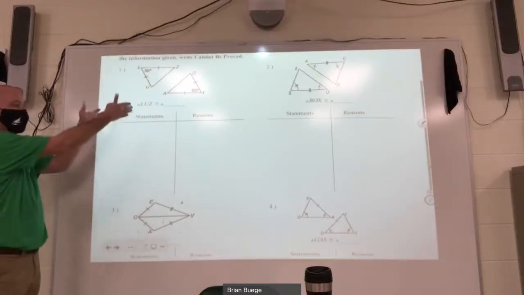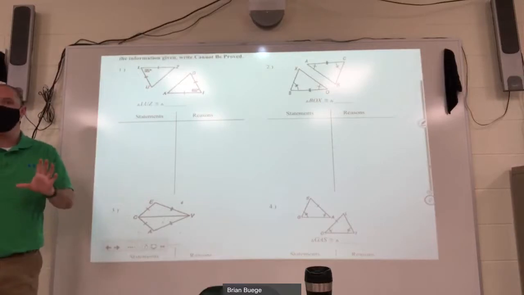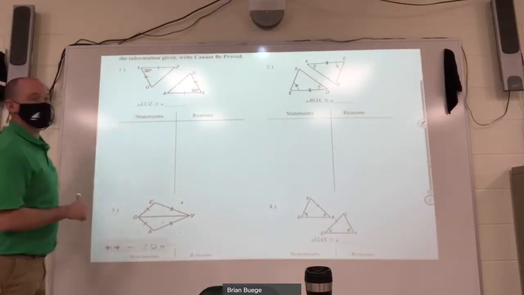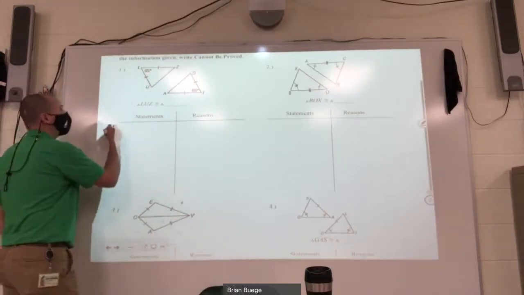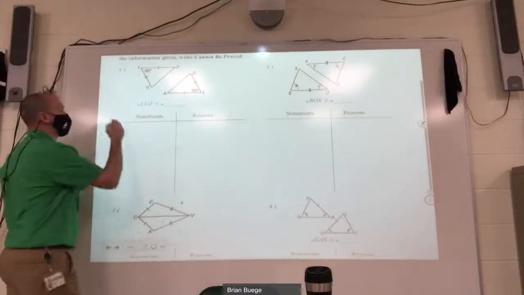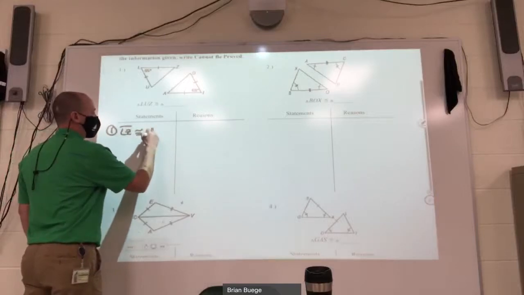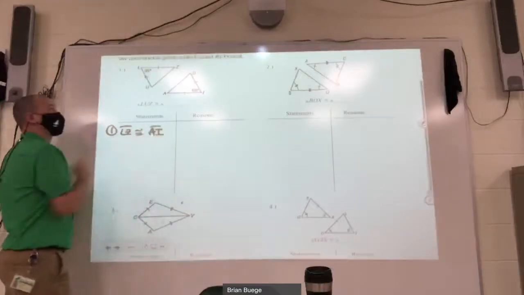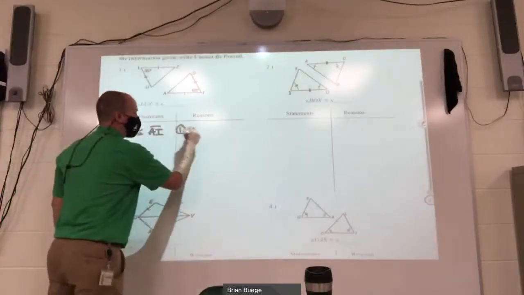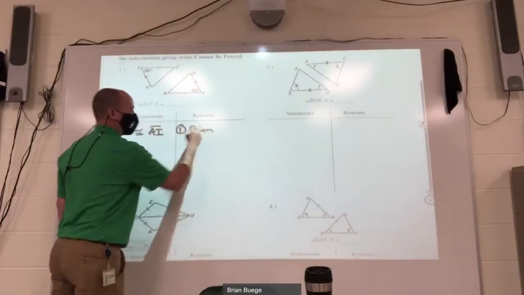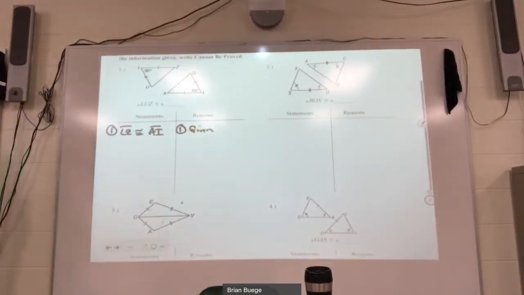So for example, if I put this first one together quickly, I would take a look at the picture and say, step number one, I'm going to go with the one congruent marking. Segment LZ is congruent to segment AI. How do I know those segments are congruent? Congruent, number one, is given in the picture. That part's given.